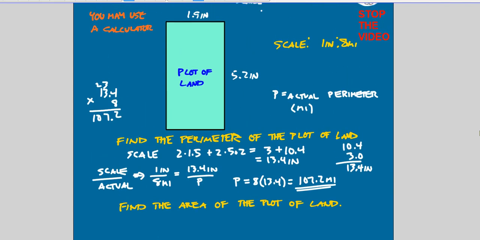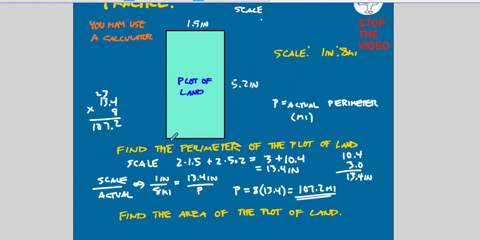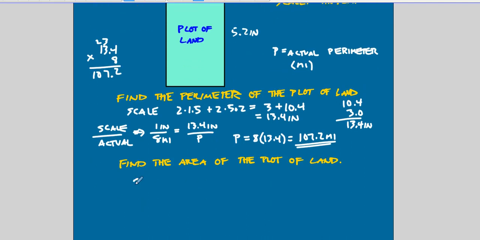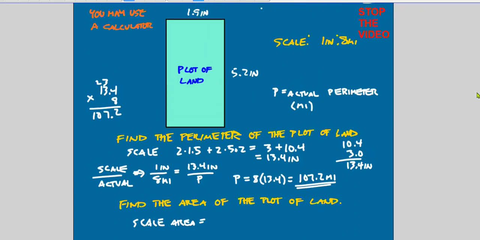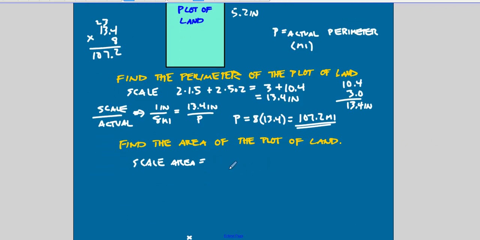Okay, so the area is going to be, for the rectangles, base times height, so the scale area will be 1.5 times 5.2. I'm just going to multiply those over here.